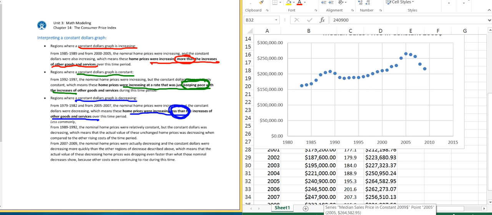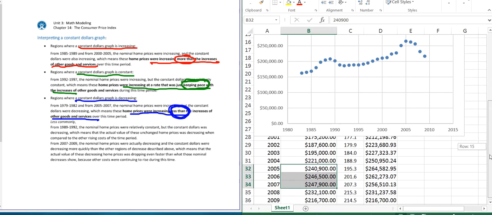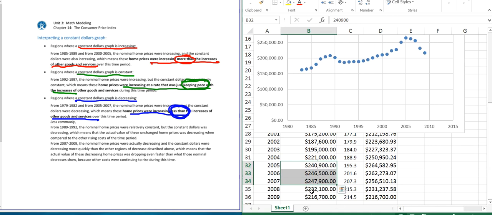So that's the most common set of interpretations, because most of the examples that I'm going to work with in your activities and your assignments are going to be based on a set of nominal dollars that were increasing over time. Now, sometimes you can have nominal dollars that do actually decrease themselves. Like if we look at what happened over the last few years, those nominal dollars were actually decreasing.